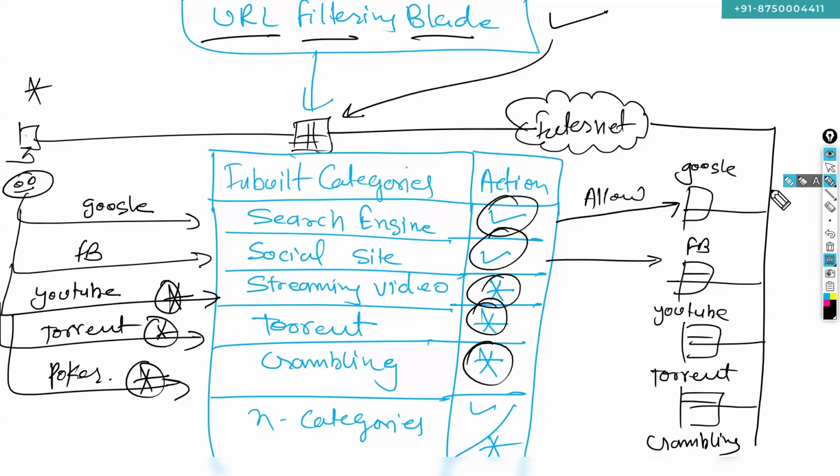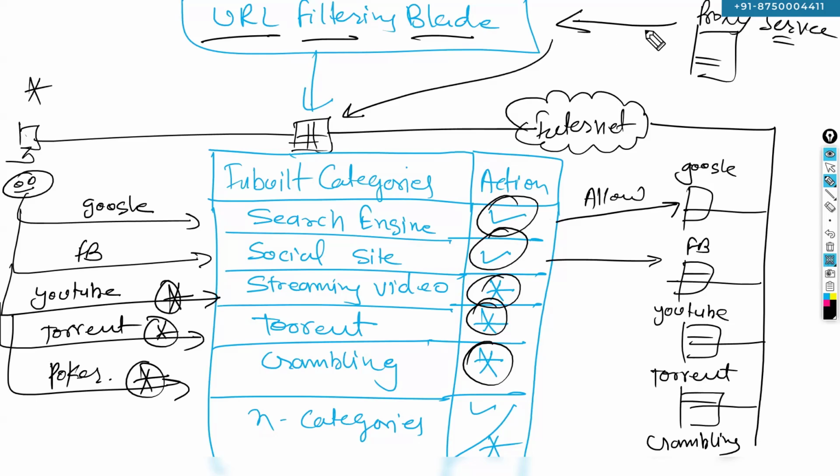Now, someone can ask, what is the difference between Checkpoint URL filtering and doing the same stuff with the help of a proxy server? Proxy server will also do URL filtering. Checkpoint is also doing URL filtering. So what is the difference here?